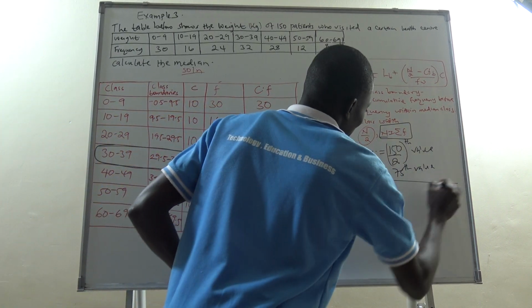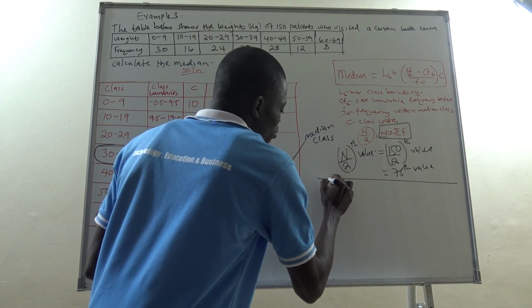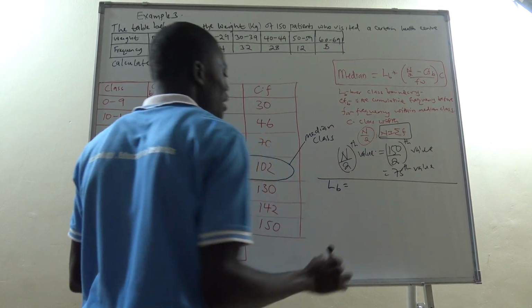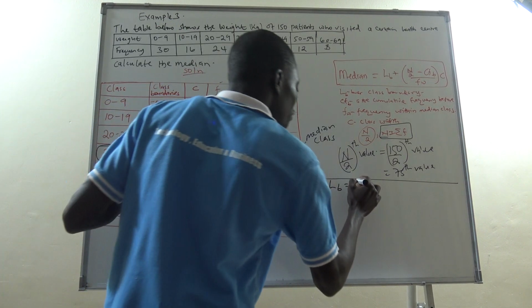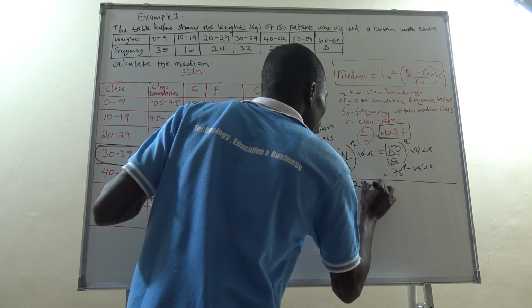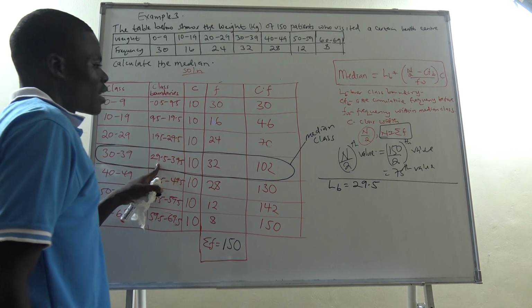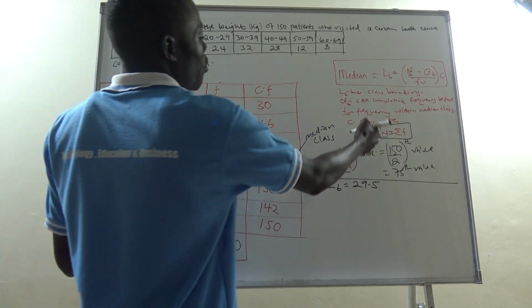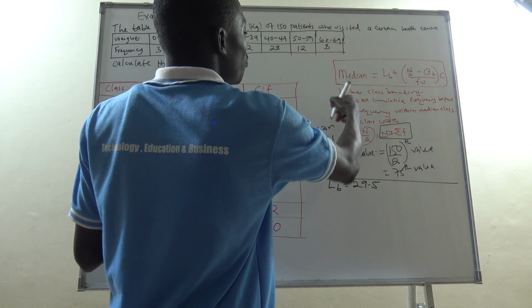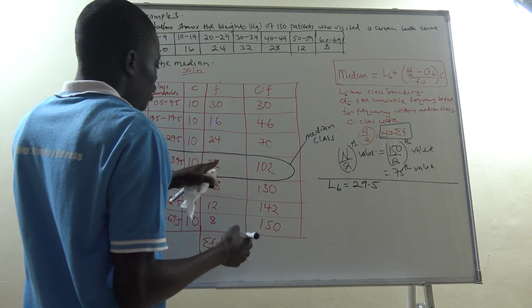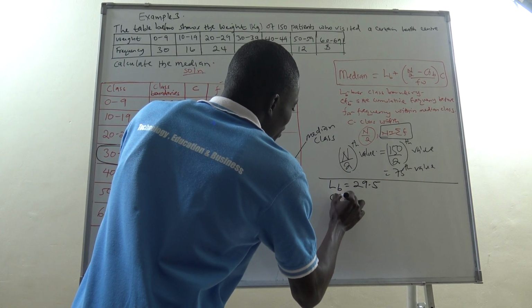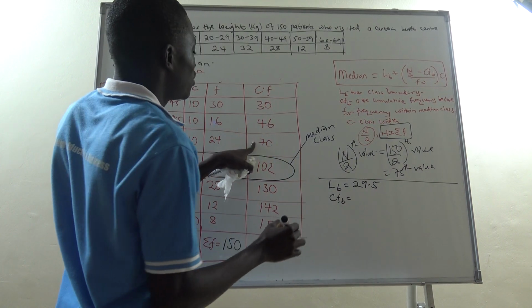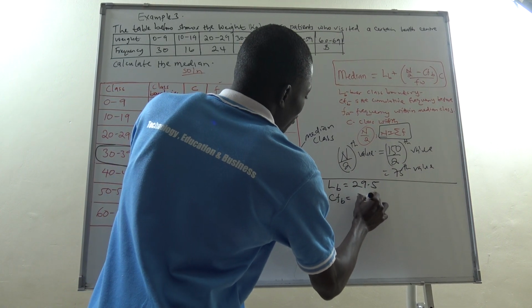Then we start identifying the key points. The key points was LB, that is the lower class boundary of the median class. Our lower class boundary of the median class is 29.5. Then what next? We want the cumulative frequency before. Now this is the class, so the cumulative frequency before is 70.